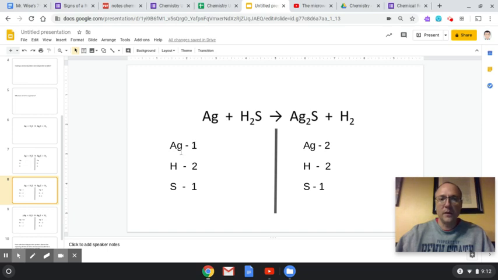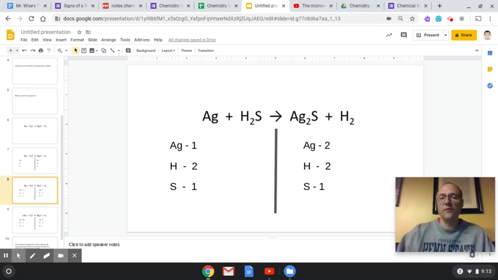Well, when we do the comparison, there's 1 Ag on the left, 2 Ag on the right, 2 H on the left, 2 H on the right, 1 S on the left, 1 S on the right. And so when just comparing this, we see that there's 1 silver, 1 Ag on the left, 2 on the right, that's not the same. It's unbalanced. So your answer is unbalanced.